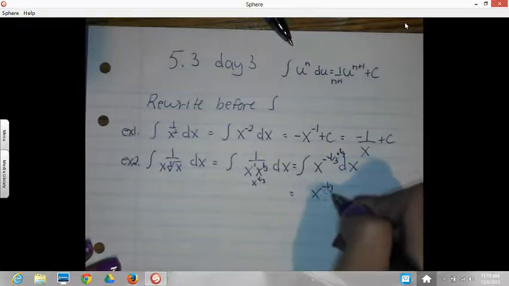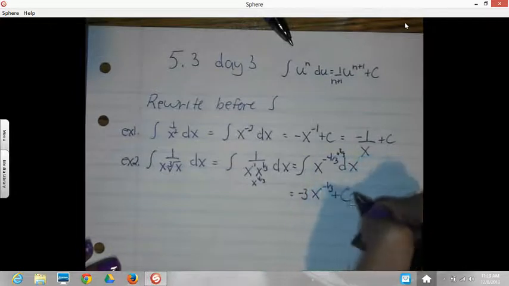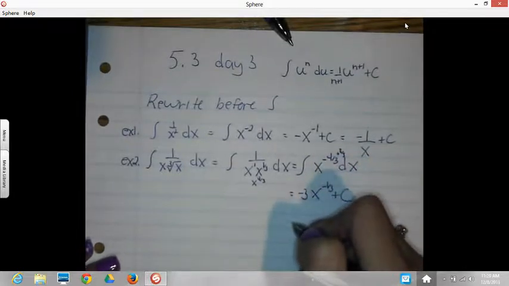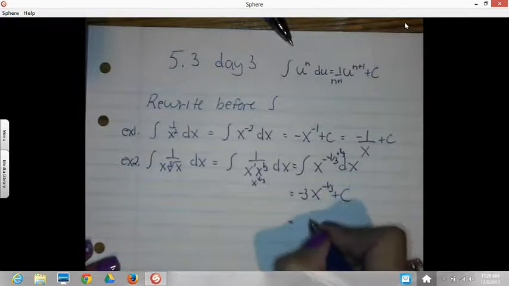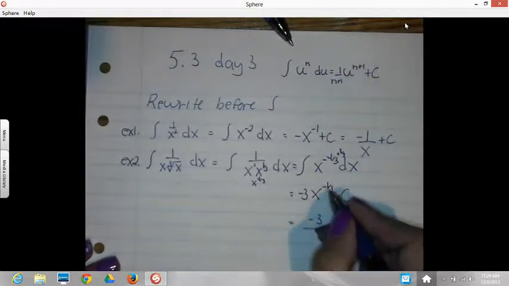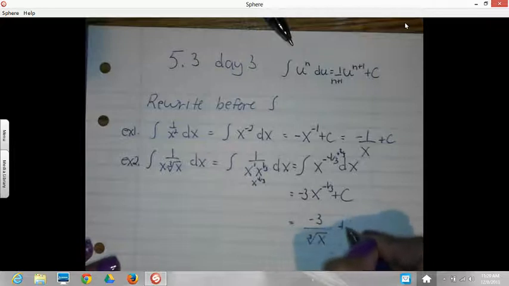Multiply by this reciprocal is negative 3. I'm good with that. The book, because it had the radical symbols to start with, it will probably come down and be x to the 1/3, which is the cube root of x. Either answer.